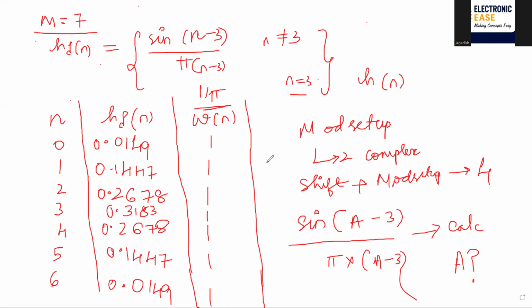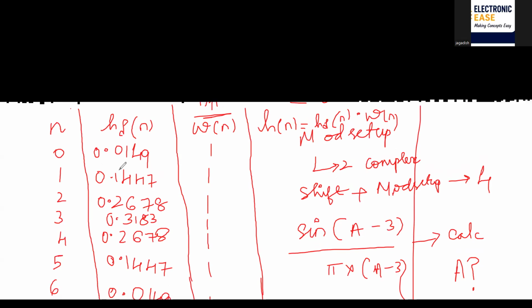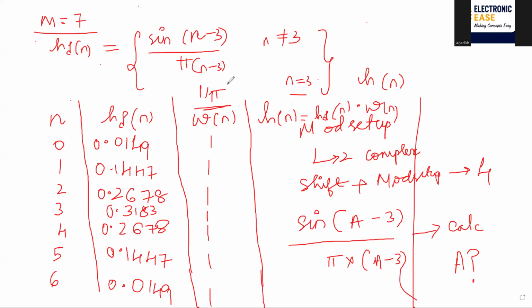Next, for h of n, you need to multiply hd of n into the window function. This is the formula you need to write. So the same values you will be getting for h of n, whatever you got for hd of n. Everyone got the same answers, 0.0149.